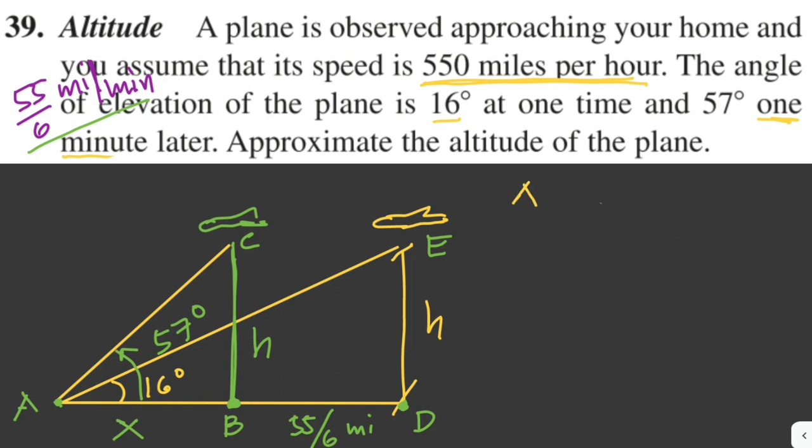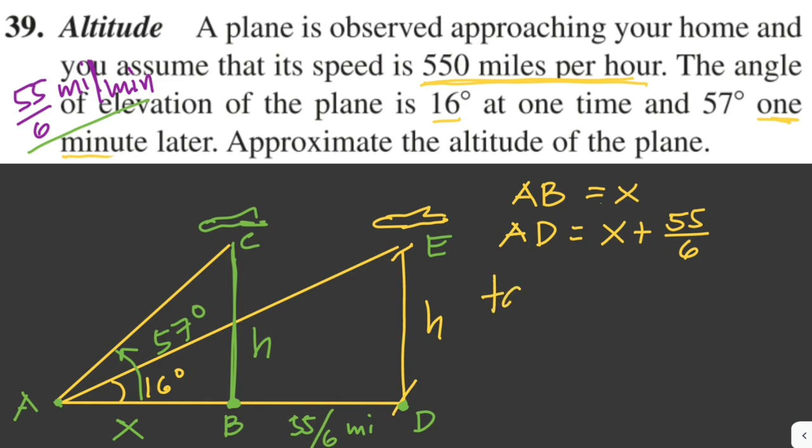So distance from A to B, this is just X, and distance from A to D is X plus 55 over 6. Now to solve for the altitude, okay, we just get the tangent of the angles, each of the angles 16 degrees and 57 degrees.